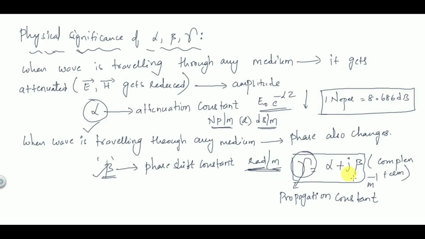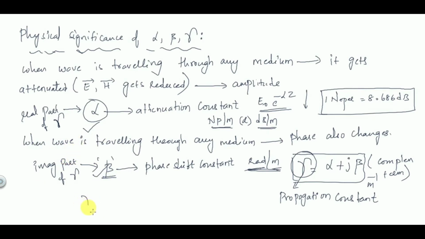Gamma is always equal to alpha plus j beta, the combination of the attenuation constant and the phase shift constant. The real part of the propagation constant is the attenuation constant. Similarly, the imaginary part of the propagation constant is the phase shift constant. So the imaginary part of gamma is beta, the real part of gamma is alpha.